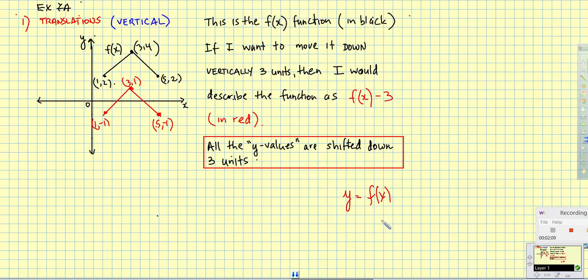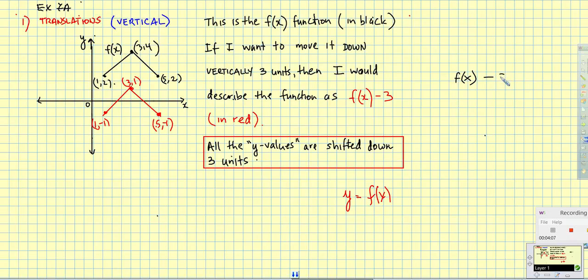Okay, so if I have to describe this movement of moving the graph down 3 units, where f of x equals that black graph, I'm going to say, as is written here in red, f of x minus 3. Why f of x minus 3?